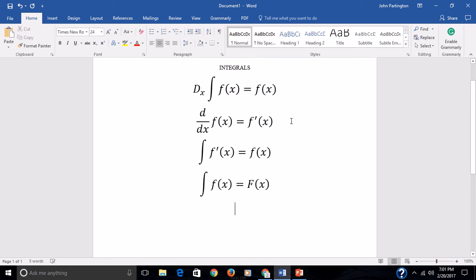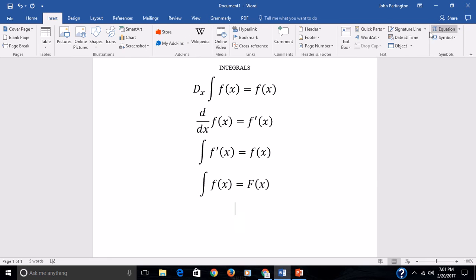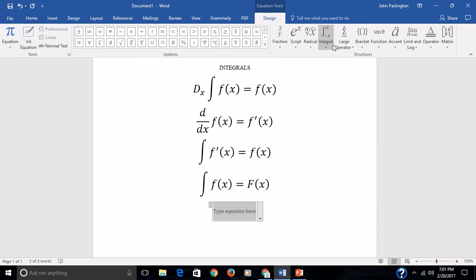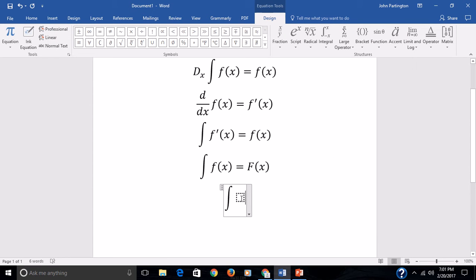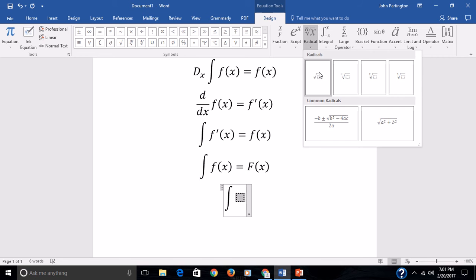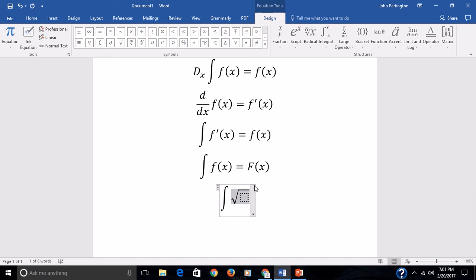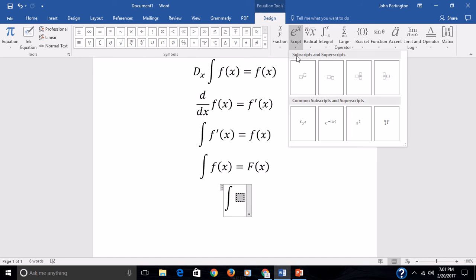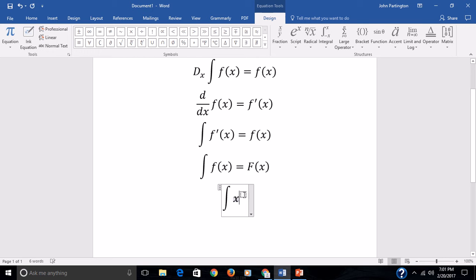And just basic integrals. So, what we're going to do here is we're going to take the integral of, not square root, the integral of x squared dx.